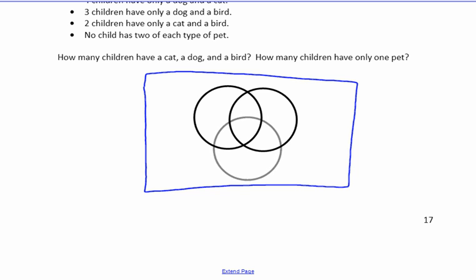You want to have room for your intersections because numbers are going to go in all different areas in there. So we have cat, dog, bird, C, D, B. Should we go alphabetically? Sure. B, C, D.